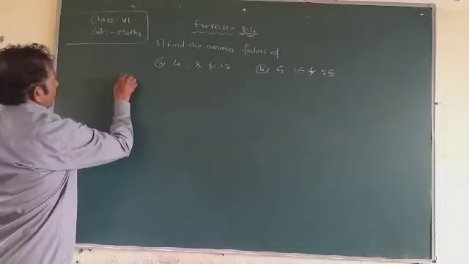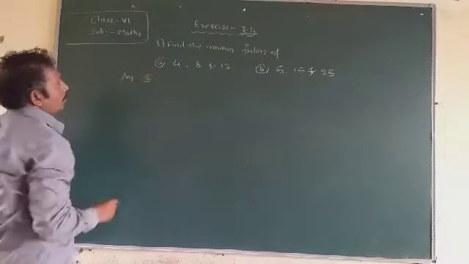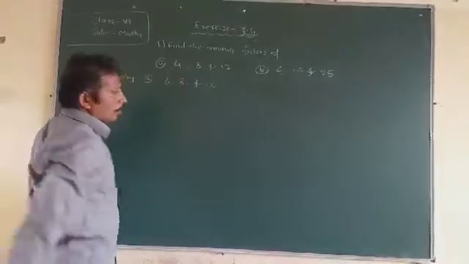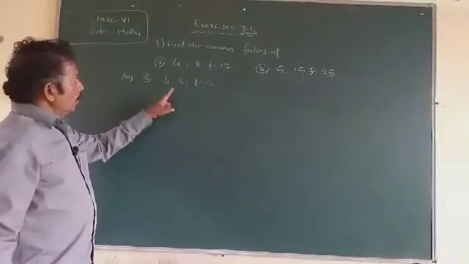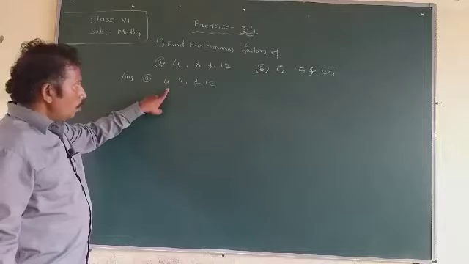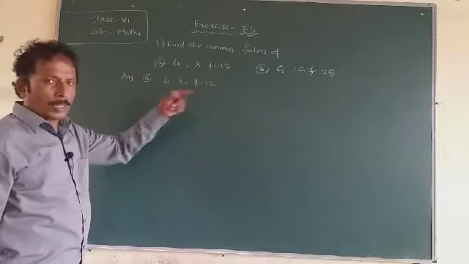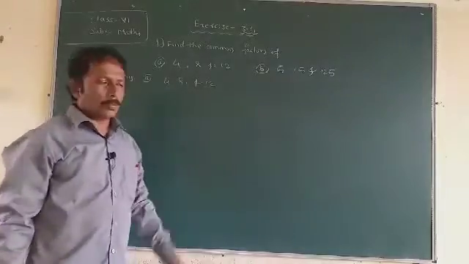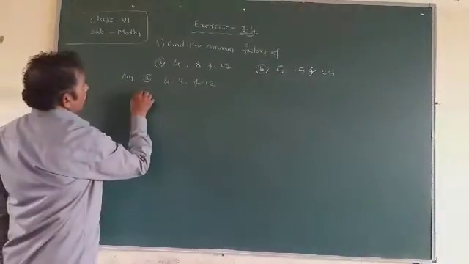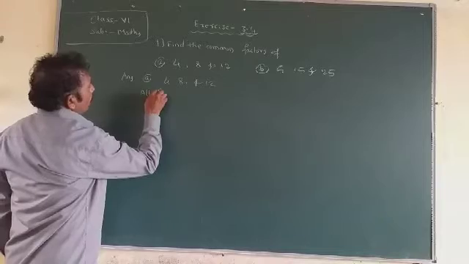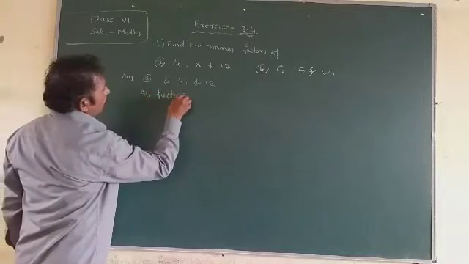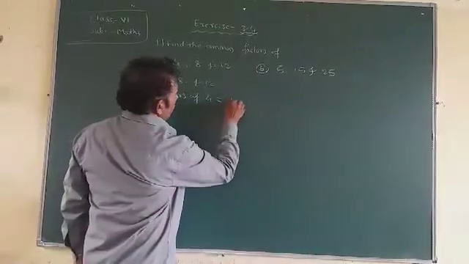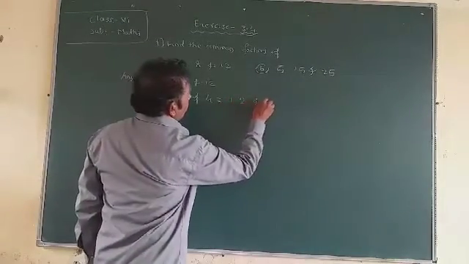Answer A, 4, 8 and 12. Write all the factors of 4, 8, 12 separately and then find the common factors. It gives the answer. Therefore, all factors of 4 is equals to 1, 2 and 4.